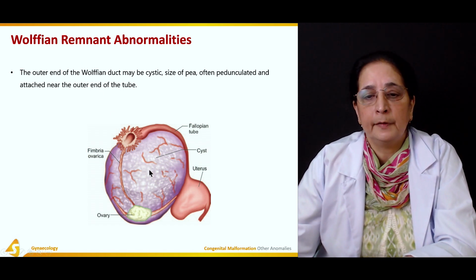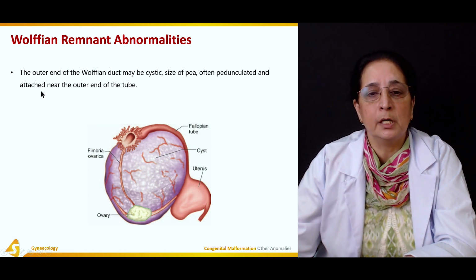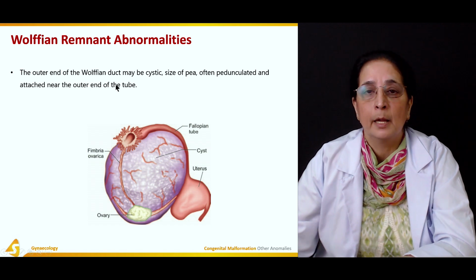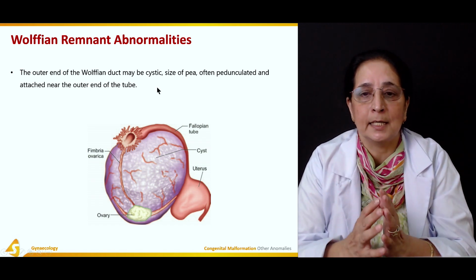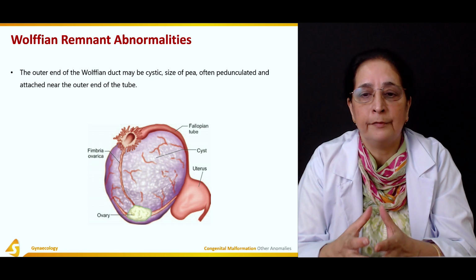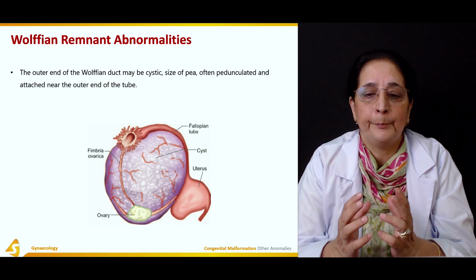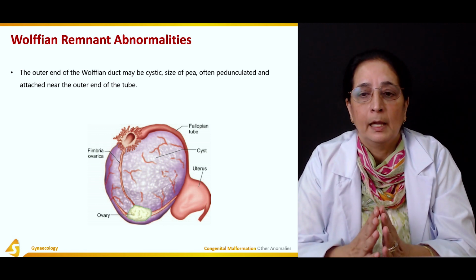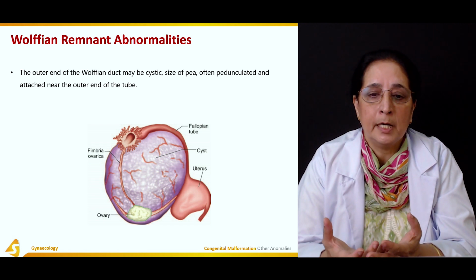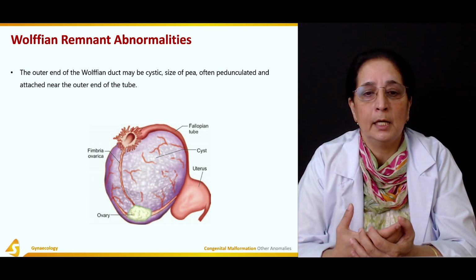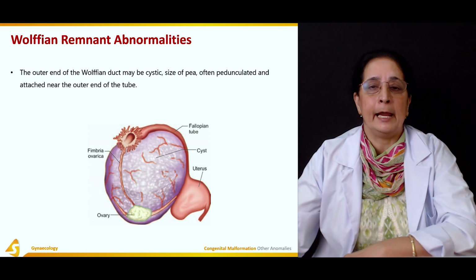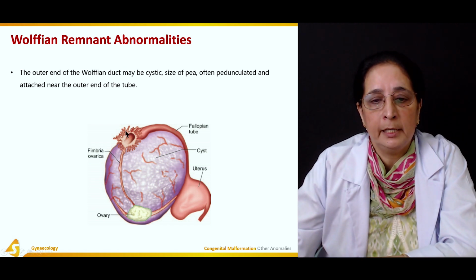This is one of the Wolffian remnant abnormalities, when the outer end of the Wolffian duct becomes cystic. Cysts are fluid-filled sacs. It is a pea-sized cyst, and it may be pedunculated, attached with a stalk near the outer end of the fimbria.